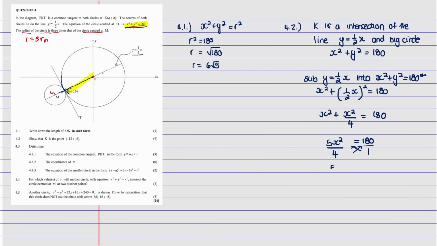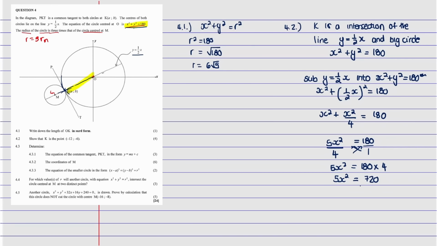So 5x squared multiplied by 1 is 5x squared, and 180 multiplied by 4. So you're going to have 5x squared equals 180 multiplied by 4, which is 720. Divide both sides by 5.